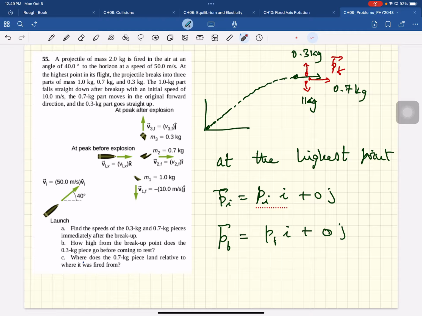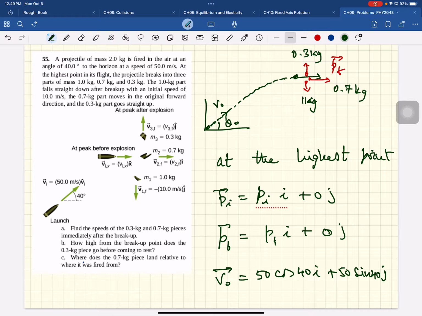All right, so before we do this, let's calculate the velocity at the highest point. So here is V naught. There's theta naught. So V naught is 50 cosine 40 i plus 50 sine 40 j. That's the initial velocity.